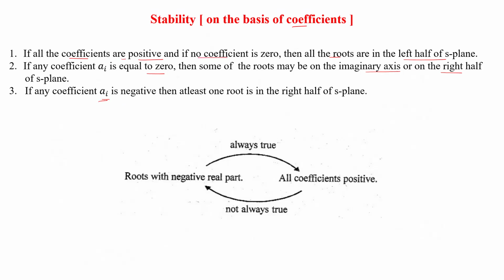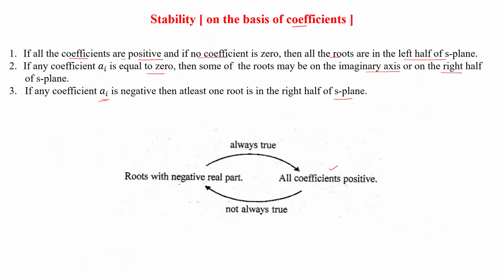So when a coefficient is negative and a root is in the right of the S-plane, the system is what? Unstable. So finally from here we see that roots will have a negative real part, and all coefficients will be what here? Positive. So here we are going to correlate the coefficients with the roots.